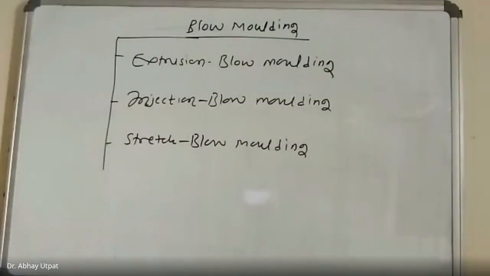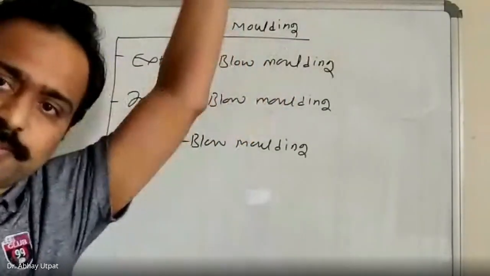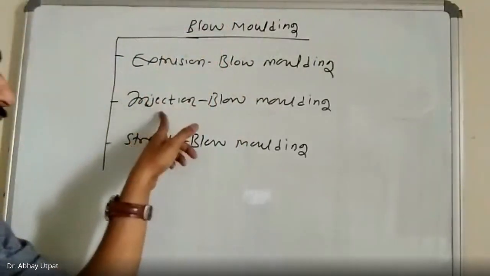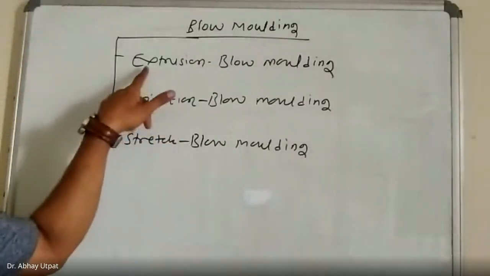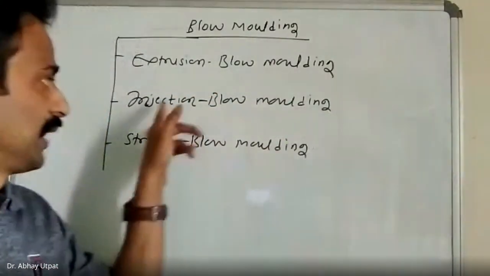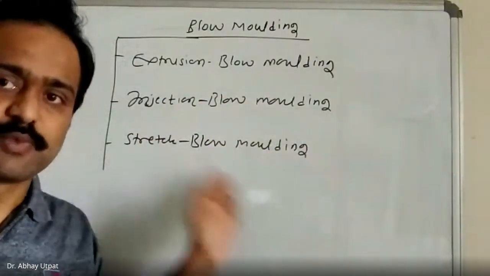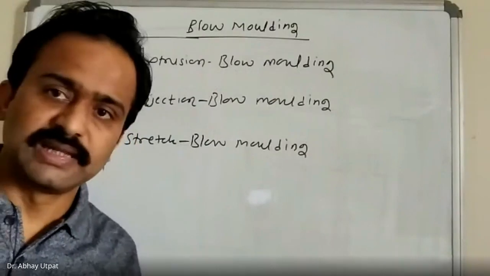Don't be confused. Extrusion molding, that separate process is different. Injection molding, that separate process is different. Here, extrusion blow molding, injection blow molding, and stretch blow molding, what do they mean? I am going to explain it to you one by one with the next sketch.